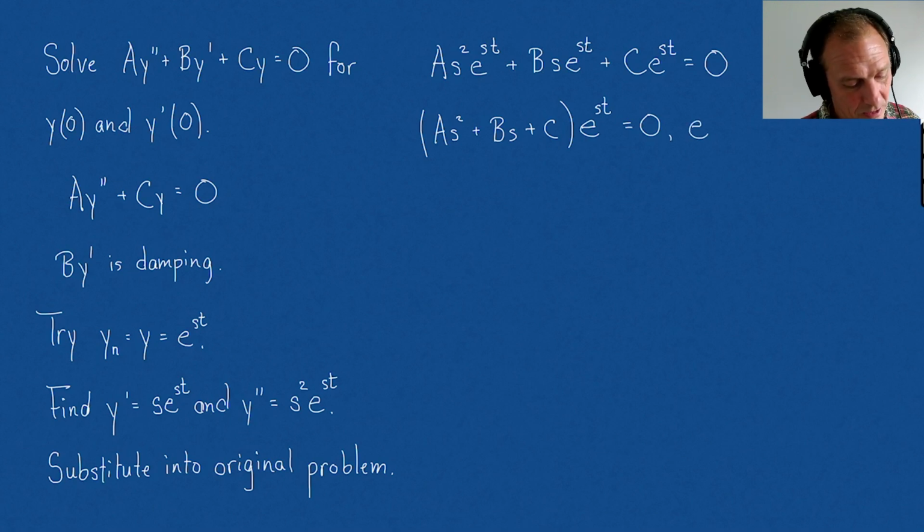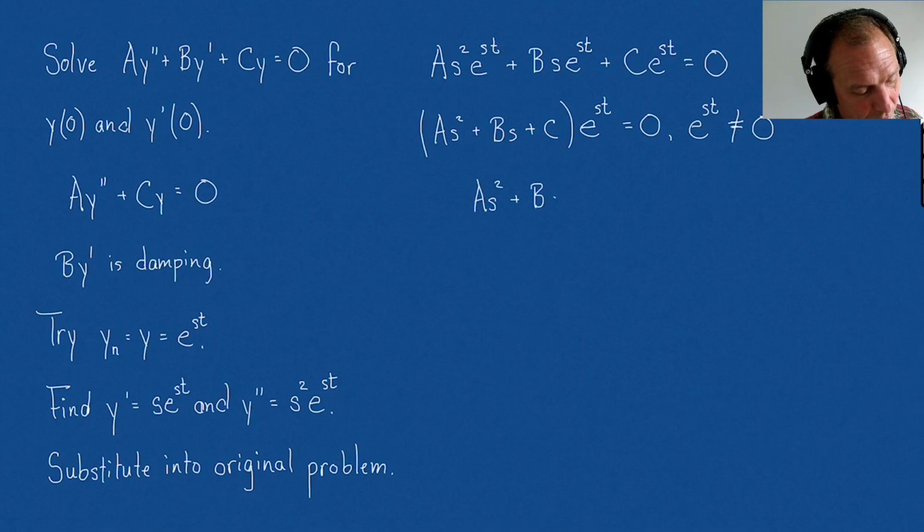We know that e to the st is a non-zero function. So in other words, the real problem is just about figuring out when this polynomial as squared plus b times s plus c is 0. So let's do that. As squared plus b times s plus c equals 0.